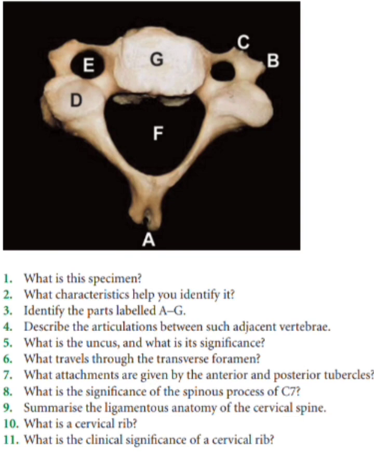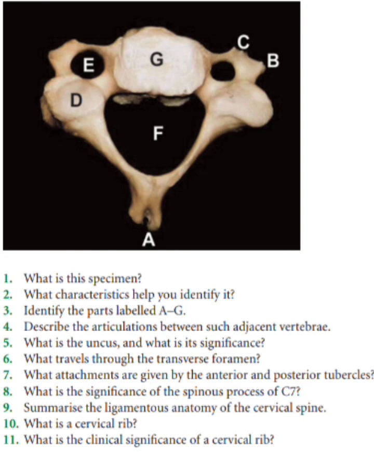The right and the left vertebral artery. What travels through the transverse foramen? It is the right and the left vertebral arteries, branches of the subclavian, which ascend toward the skull through the transverse foramina of the cervical vertebrae.